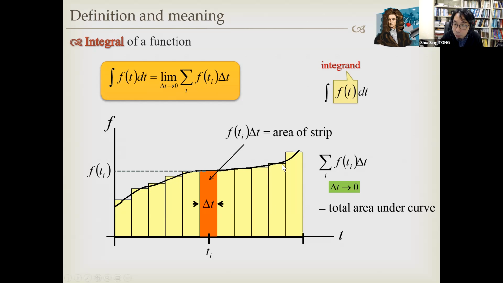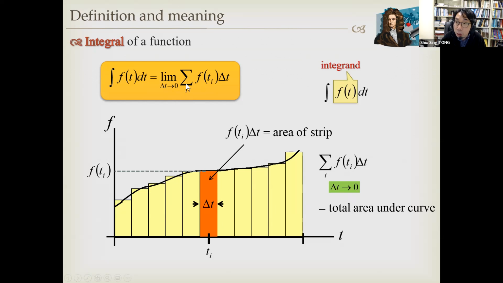So the difference between the curve and the strips will become smaller and smaller until eventually, when delta t exactly tends to 0, and we make up the area using an infinite number of strips, the summation will tend to the total area under the curve. And we call that integration. That is how we define integration.